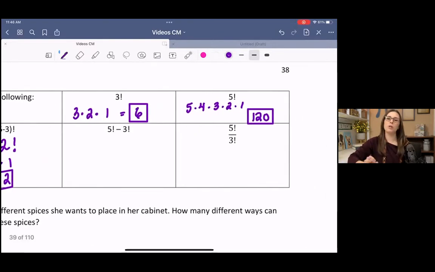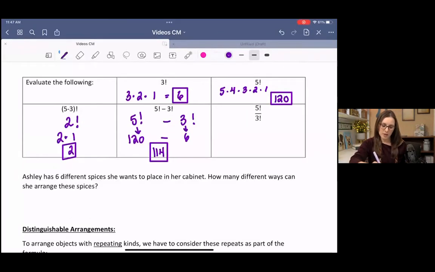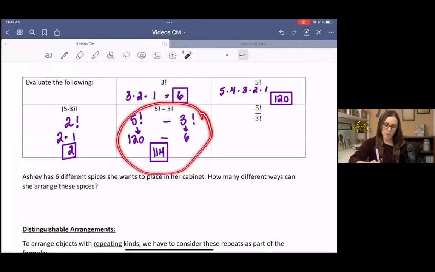Now that you know a little bit about the factorial, try it on your own, pause it, try it, come back and check. You'll notice in this next one, 5 factorial minus 3 factorial, again we want to use order of operations. This is kind of hidden multiplication, and we want to deal with that first, then subtract last.